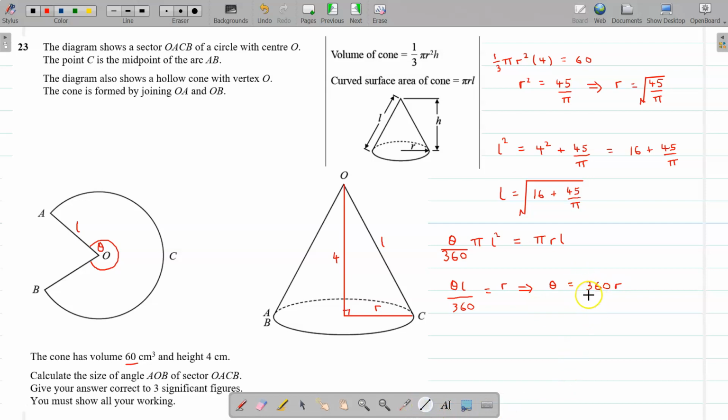Now, we've already worked out an expression for r and an expression for L. So what I'm going to do now is replace the r and the L with these expressions we've worked out earlier.